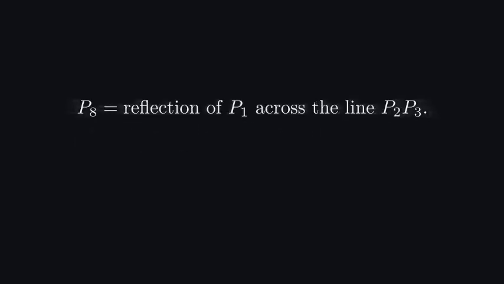P8 equals the reflection of P1 across the line P2P3. P8 equals (3/2, √3/2).